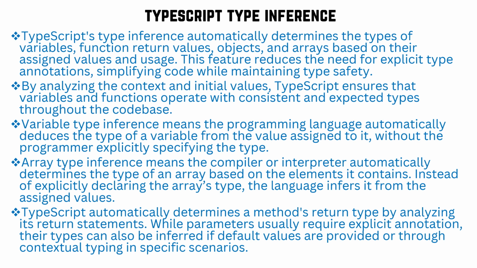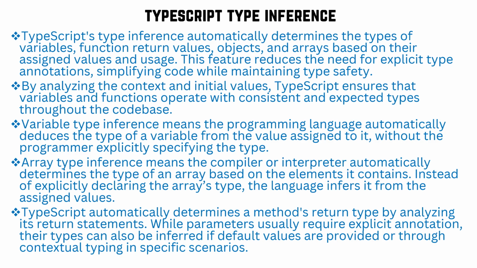By analyzing the context and the initial values, TypeScript ensures that variables and functions operate with consistent and expected types throughout the codebase. Variable type inference means the programming language automatically deduces the type of a variable from the value assigned to it without the programmer explicitly specifying the type.